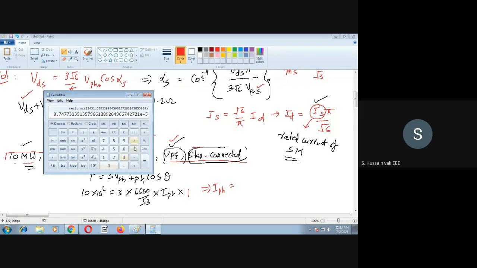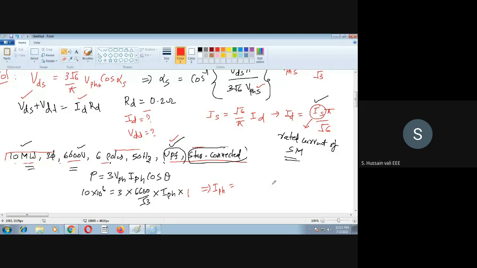So you multiply with 100. Yeah, so 874.77. This I phase is nothing but IS, because IS is the current here. That current we found out here. Now that current we will substitute here in place of ID, then we get the answer for ID.